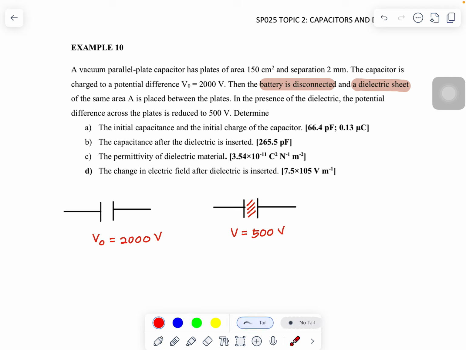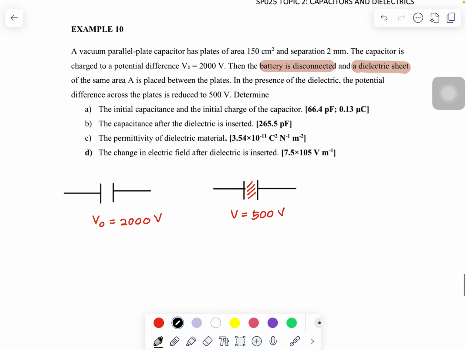So this one is after it's being disconnected. So by concept, dia sudah bagi tahu voltage berubah, so Q akan sama lah. Q will be constant. Q the same, final and initial tetap sama, dan capacitance initial dan final dia akan increase.